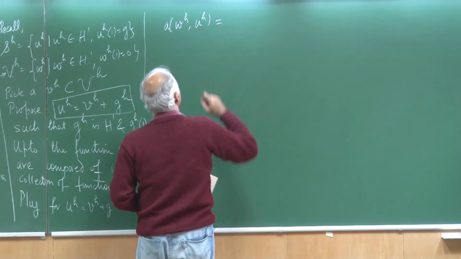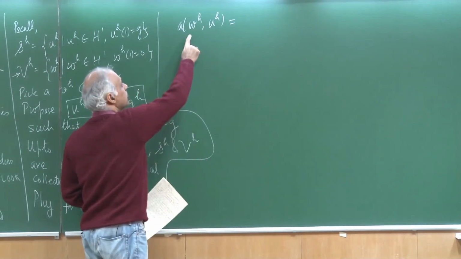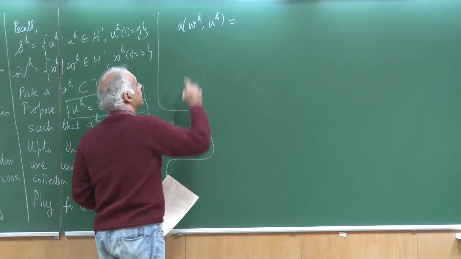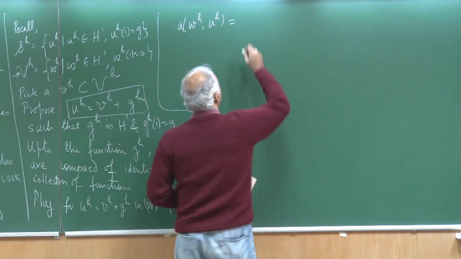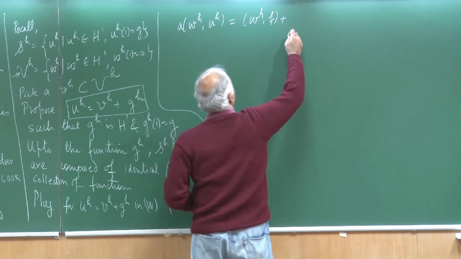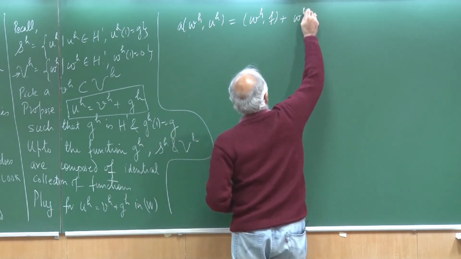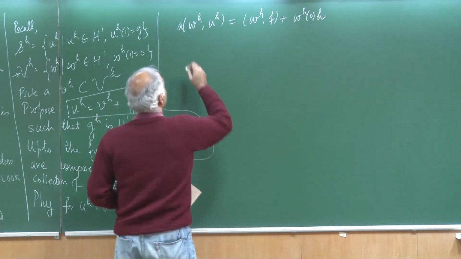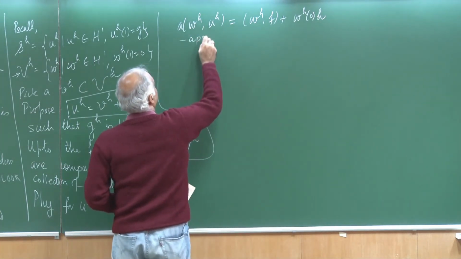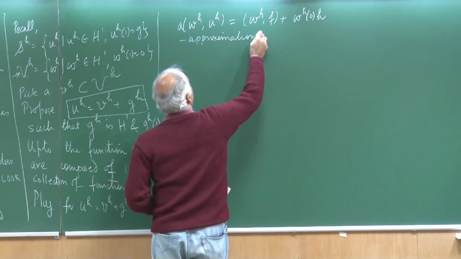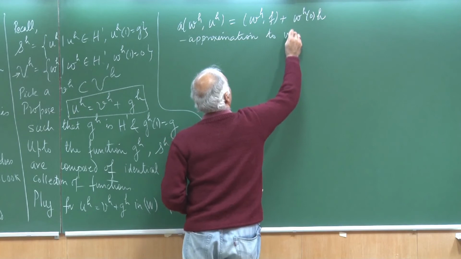So the first step I do is I replace all the w's and u's with the discrete values, which means with their superscripts. So this is wh comma f plus wh0 times h. So this is the approximation to w.